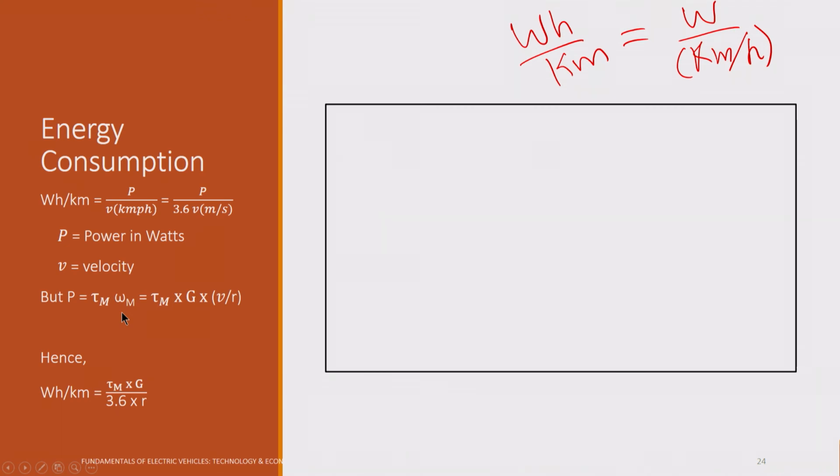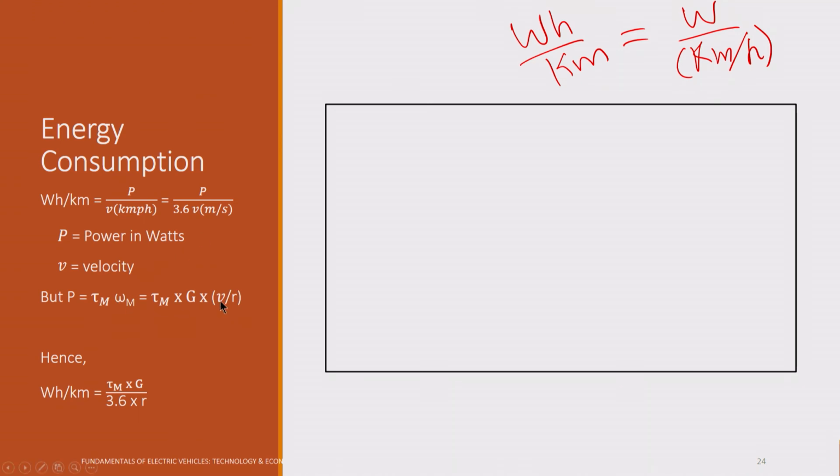The motor torque multiplied by the angular speed of the motor is the power, tau omega, and the angular speed of the motor is gear ratio multiplied by angular speed of the wheel, and the angular speed of the wheel is V by R, where this V is in meters per second.